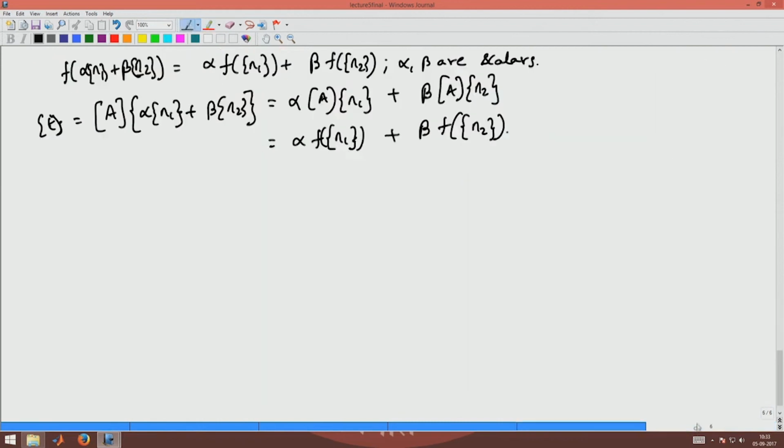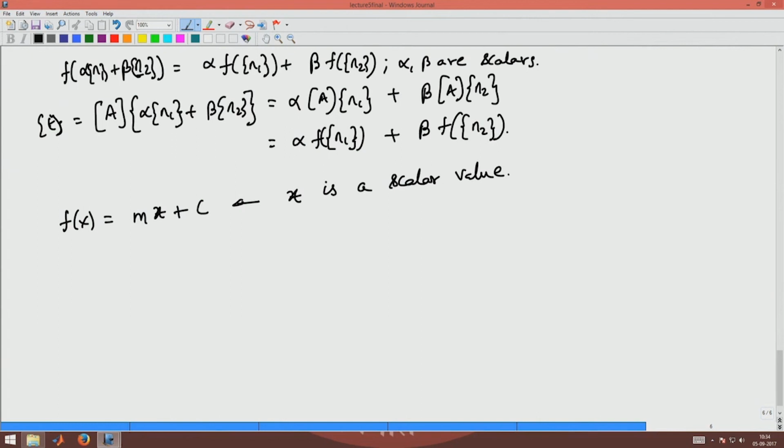Okay. Now, let me show you that if I define f of x as mx plus c, the curve, this is a scalar function, x is a scalar value. Okay.